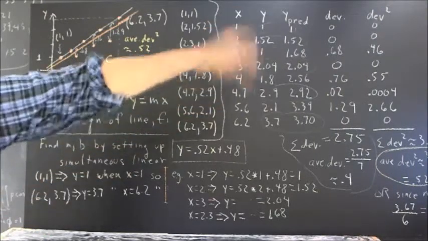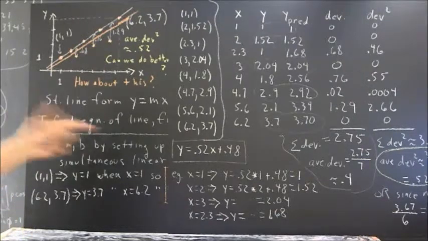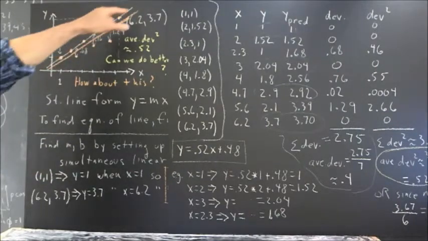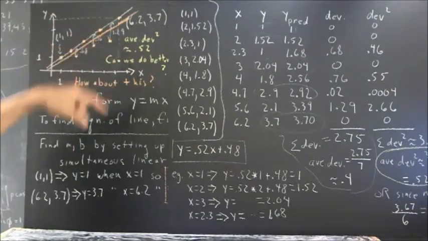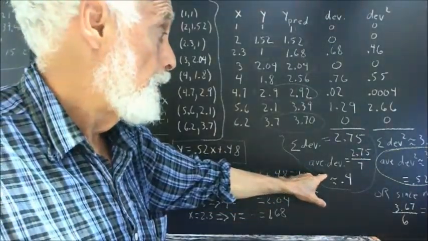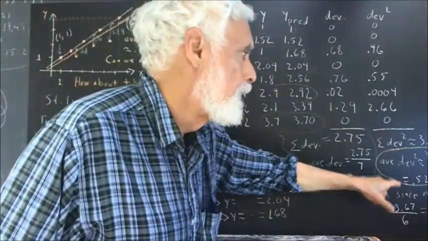But based on the estimates of our coordinates and on all the other information we have here, I'm going to suggest that you should try to obtain the equation of this line, remembering that the equation of the original line was y equals 5.2x plus 0.48, and see if that line does a better job of fitting the data in the sense of giving you the better average of the squared deviations, which is now kind of off the, well, I guess you can still see it.